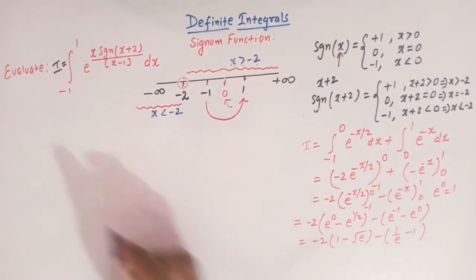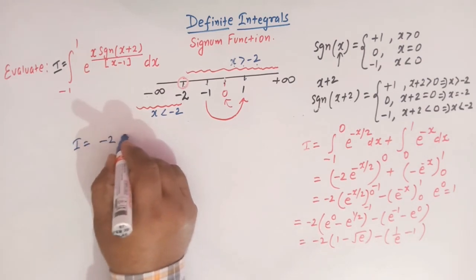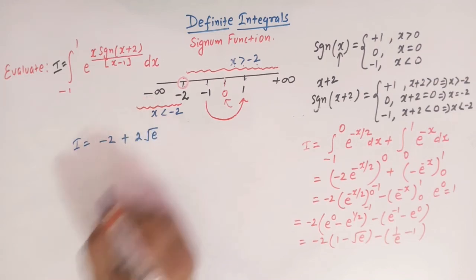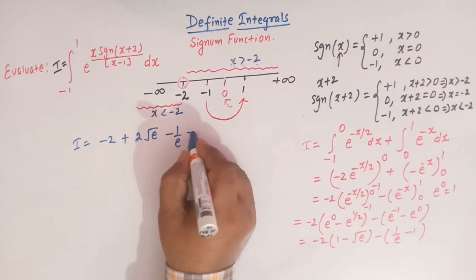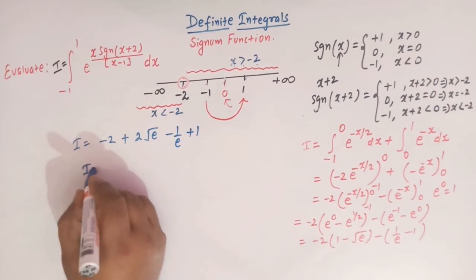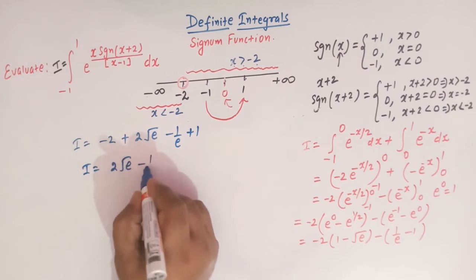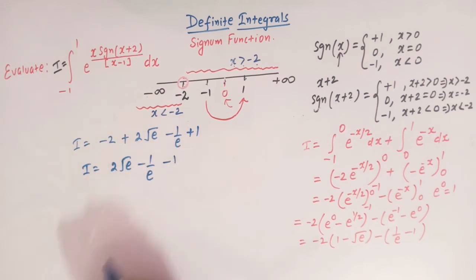So now simplifying it further, we can write minus 2 plus 2 times square root of e, and then we have minus 1 over e and plus 1, right? So I can be written as 2 times square root of e minus 1 over e, and minus 2 plus 1 is minus 1, right?